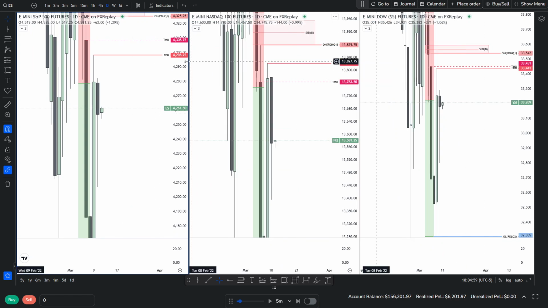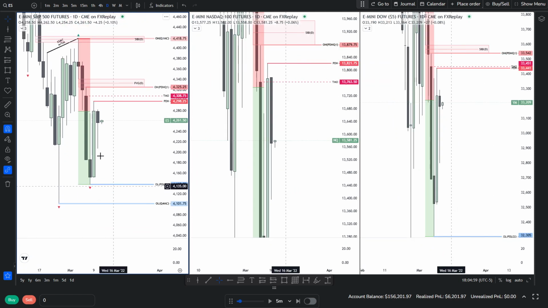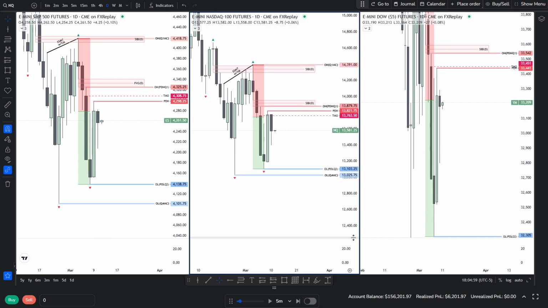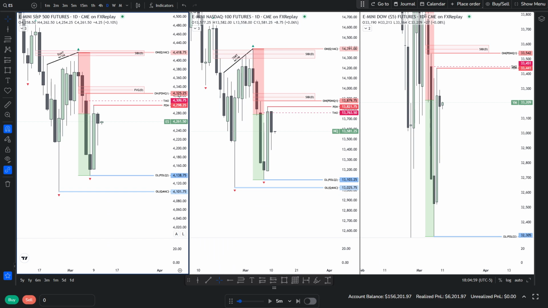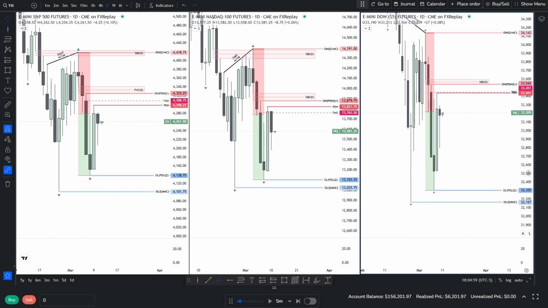It's going to pop out to the daily. As you can see, we had this inside bar candle across all three members. So that in itself highlighted the low probability trade conditions that I was referencing for the previous day.